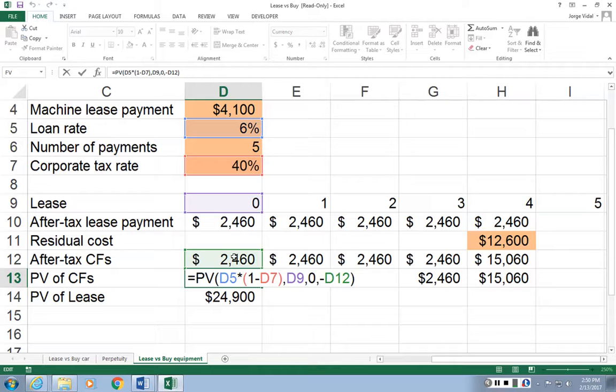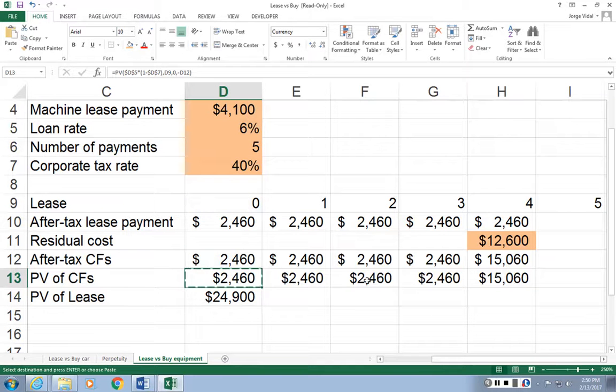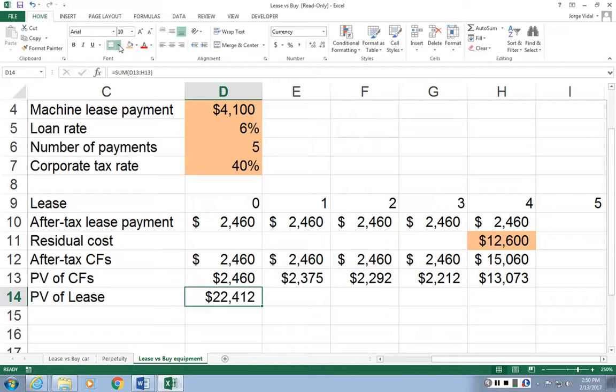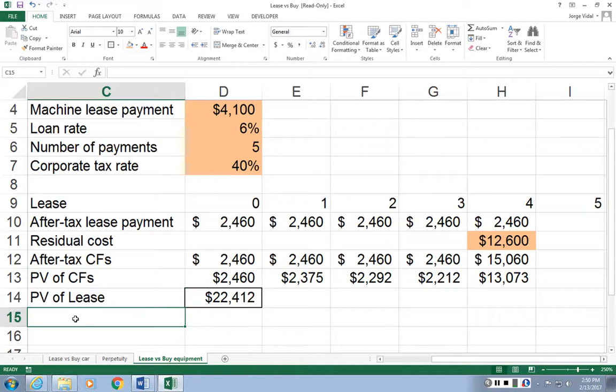So which ones do I have to lock? The D5, you want to lock that one. The 7, and that's it, right? There you go. So that's the present value of the lease.